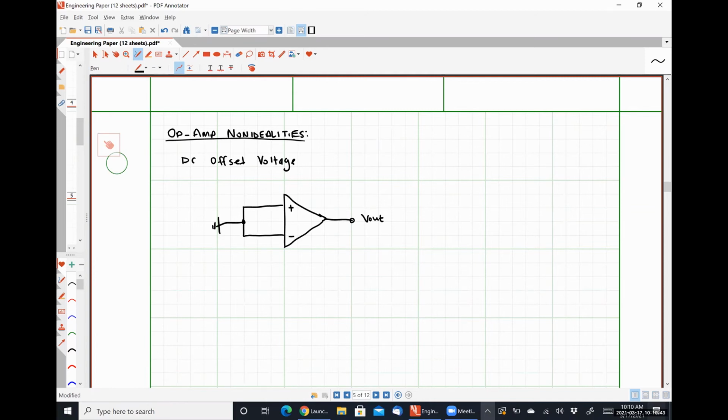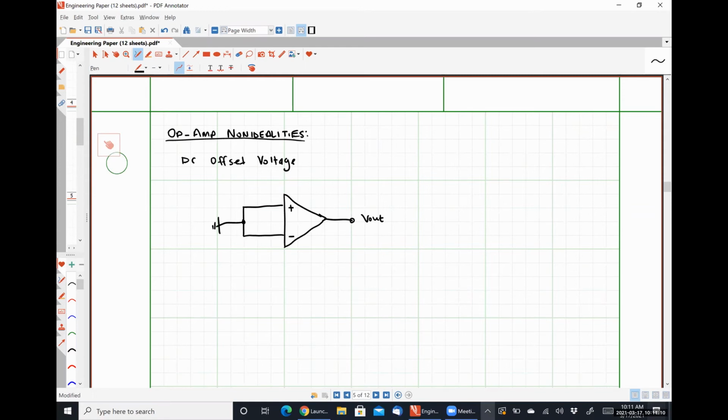So if we have no difference between our input terminals because they are literally tied to the same voltage, in this case, I chose to use ground because I'm not yet ready to talk about common mode signals and all that kind of jazz. But if Vn1 is 0 and Vn2 is 0, Vout is supposed to be our open loop voltage gain times the difference, which is 0.